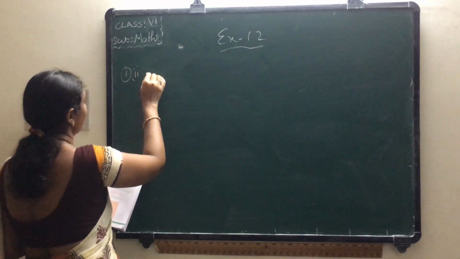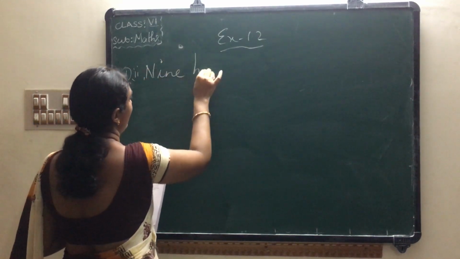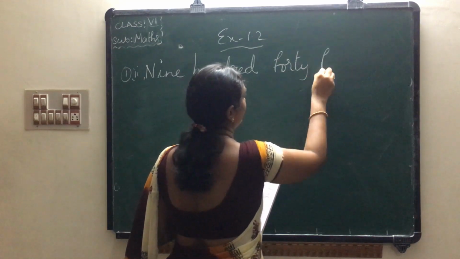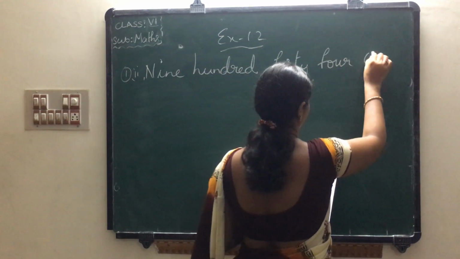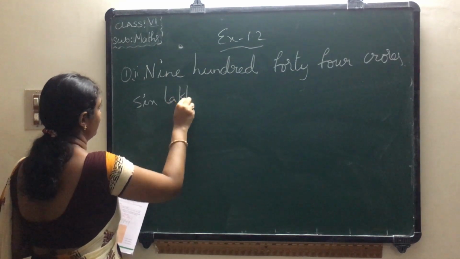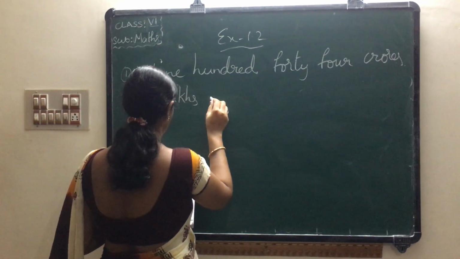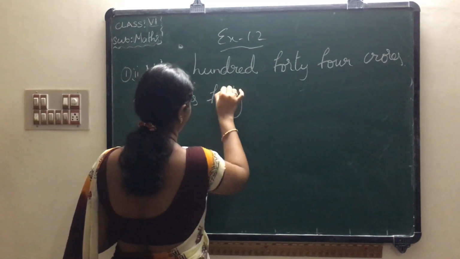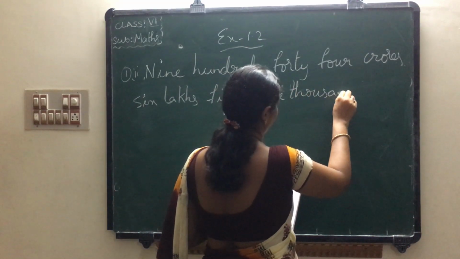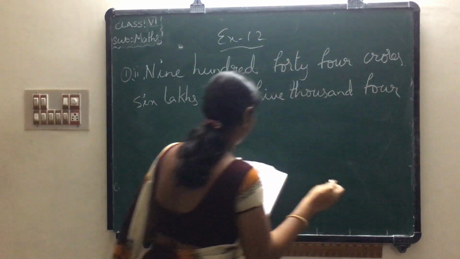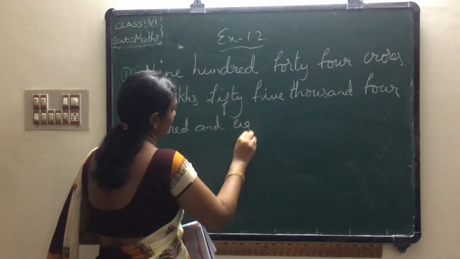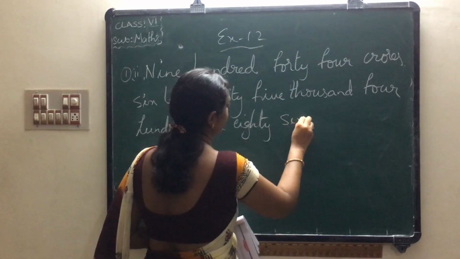Second sum. 944 crores, 6 lakhs, 92, 50, 5,000, 400, and 86.